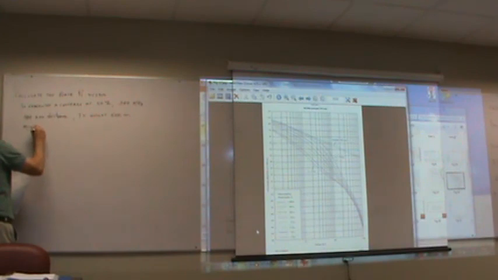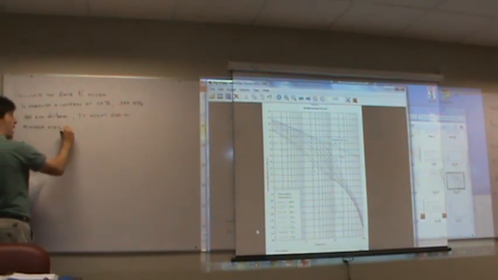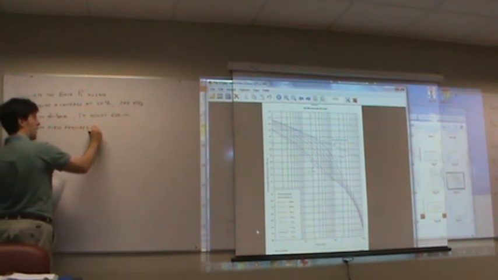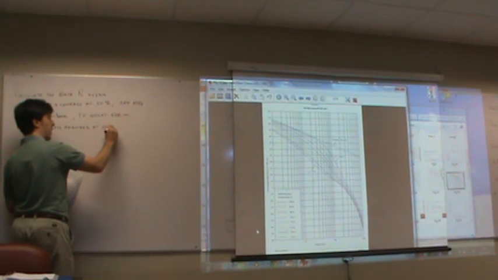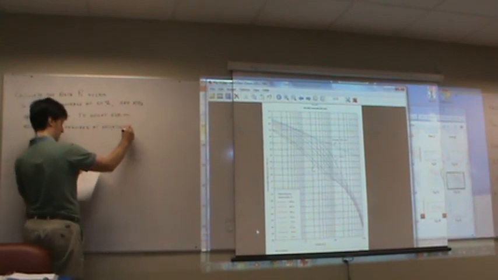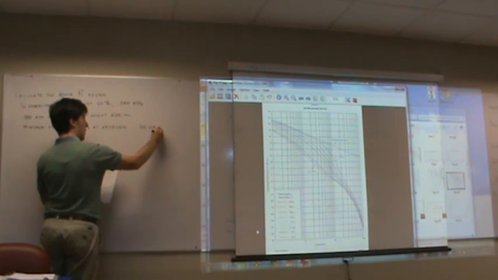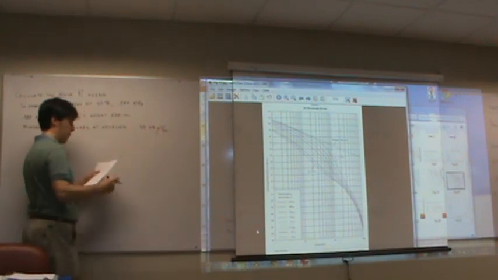Minimum field required at receiver: 30 dB microvolt per meter.